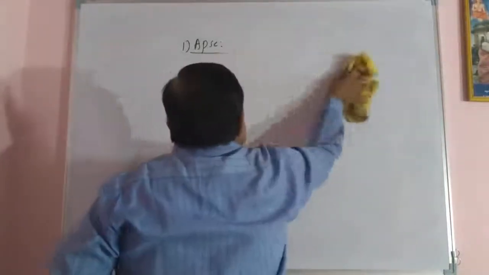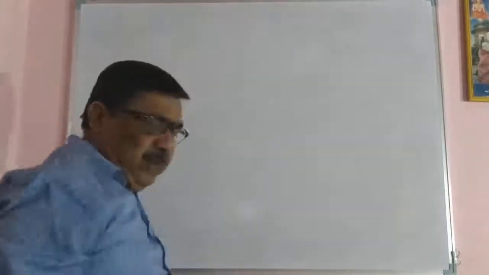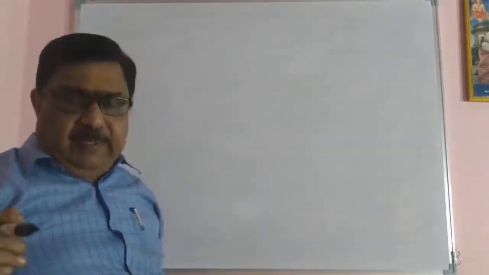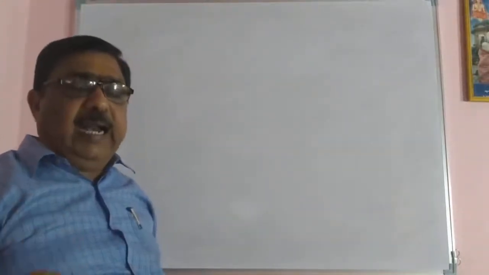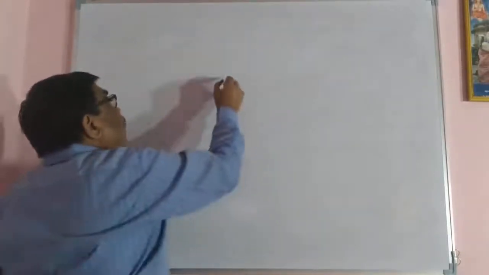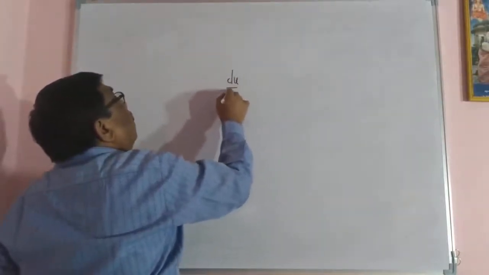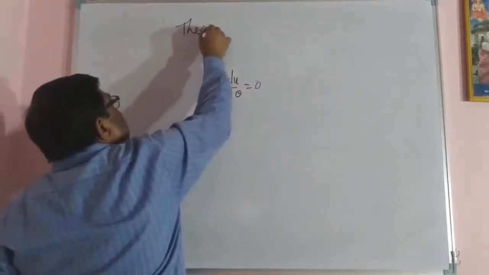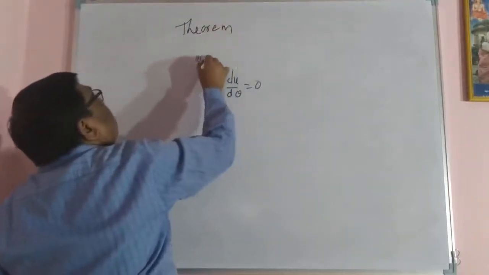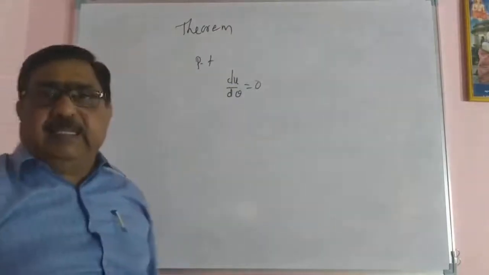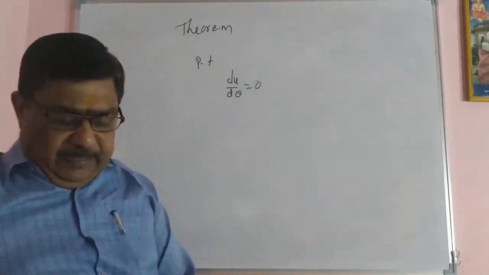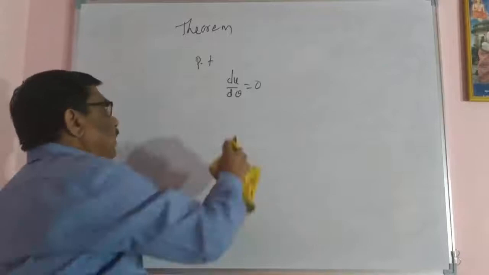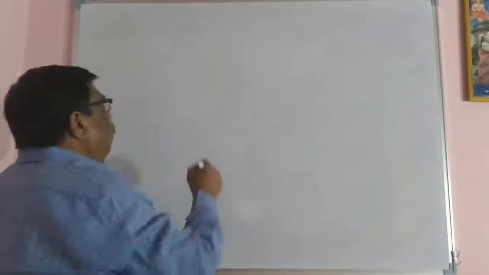Based on this, the first theorem I would like to prove is: prove that du by d theta is 0 at an apse. The proof is quite simple.